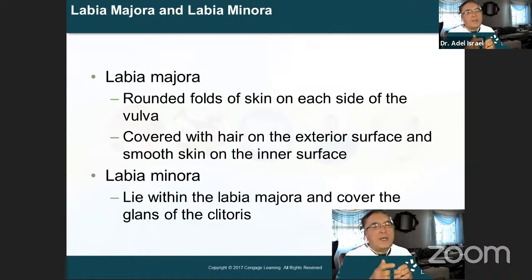What are the parts of the vulva in the female? We have the labia majora and the labia minora. And the labia majora and labia minora may vary in shape. Sometimes they are big, sometimes small. And in some countries, according to religion, they do circumcision for girls, like in Muslims.